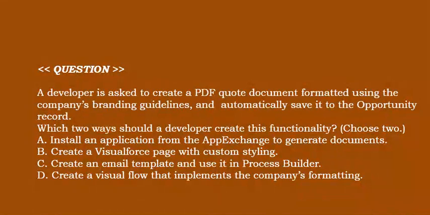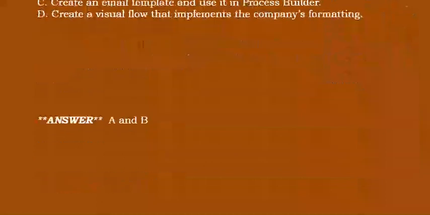Option B, create a Visualforce page with custom styling. Option C, create an email template and use it in Process Builder. Option D, create a visual flow that implements the company's formatting. Correct answer is option A and option B.